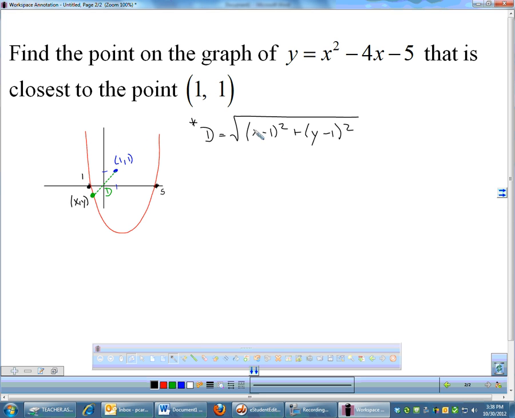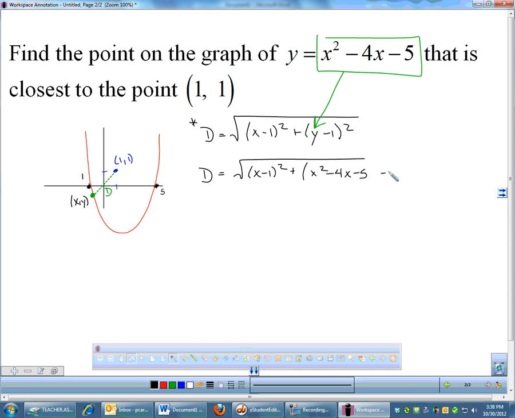However, right now I'm not ready to take the derivative because I have too many variables, but I do know the equation y equals x squared minus 4x minus 5, so that is going to go in the place of y right there, which will give me d equals the square root of (x minus 1) squared plus (x squared minus 4x minus 5 minus 1) squared.